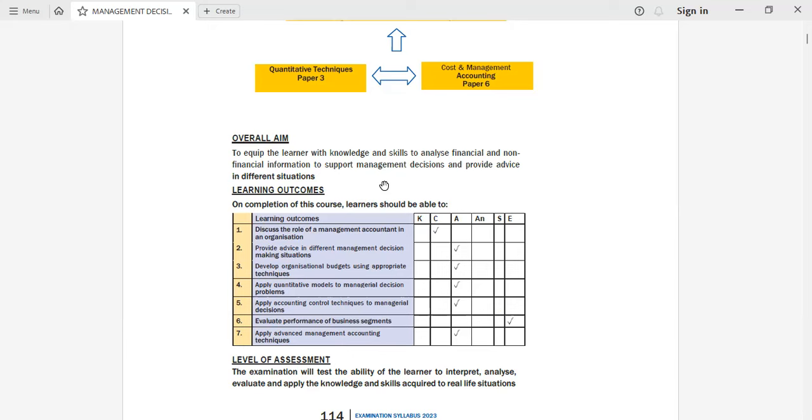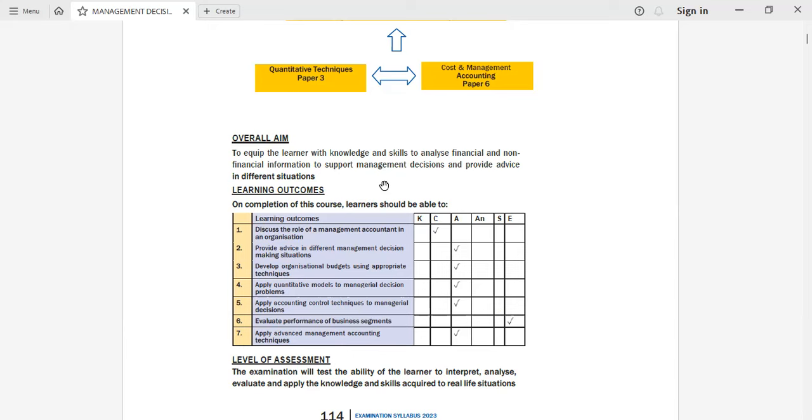So the work of these tutors, the tuition providers, is to provide the knowledge and skills to the learners so that those learners can analyze the exam questions, because what happens in MDC is that questions are just cases.